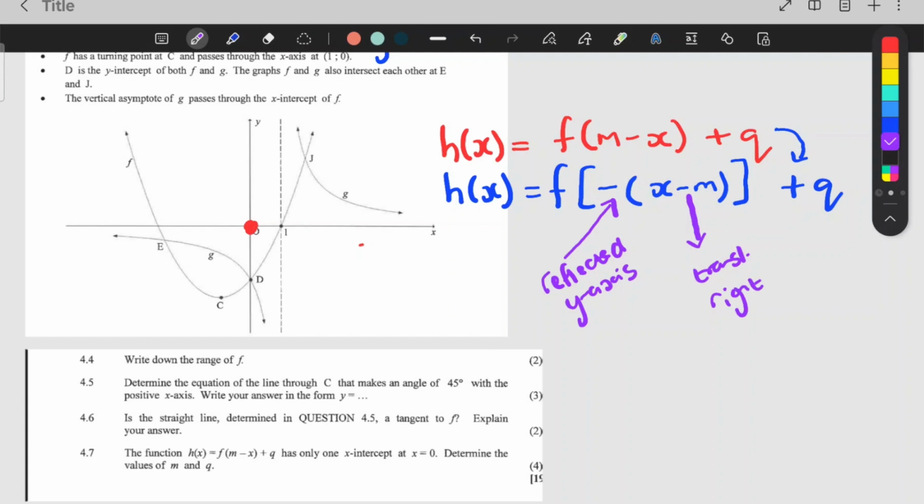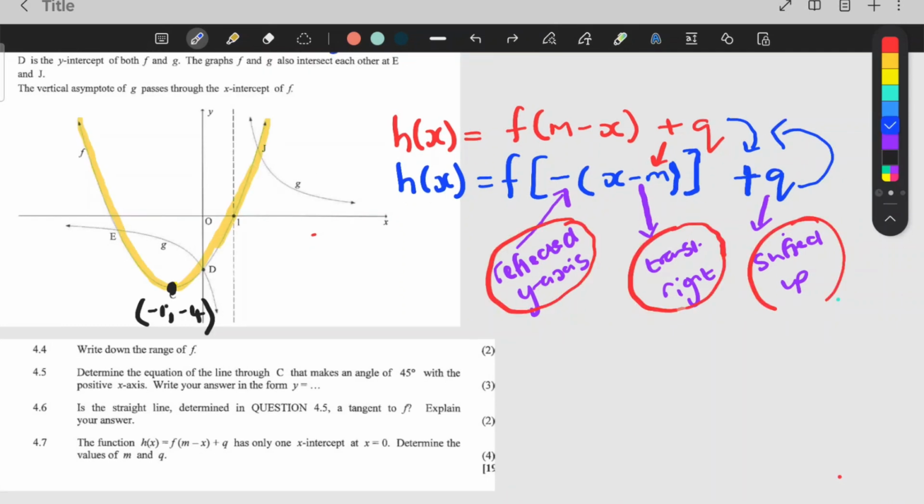You see, minus means to the right and plus means to the left. And then, do you see this q over here? It shifted q units up. So there were 3 things that happened. When you reflect a point in the y-axis, the x value changes sign. So the new x is on this line.